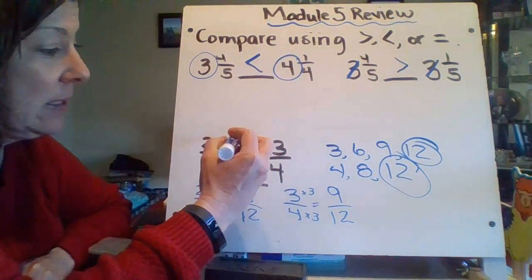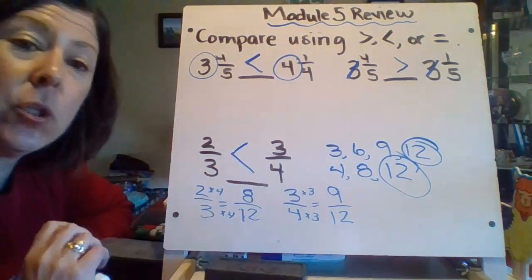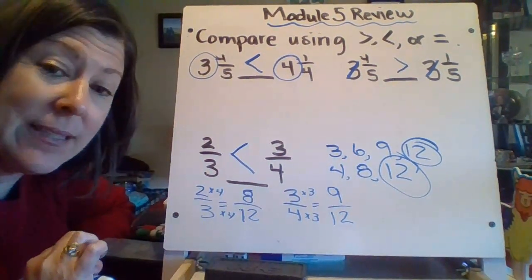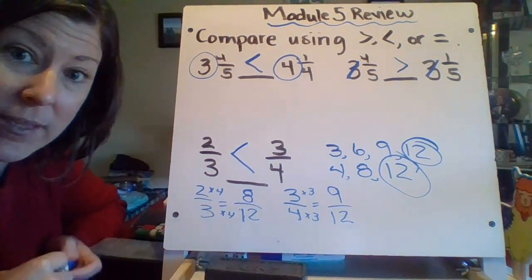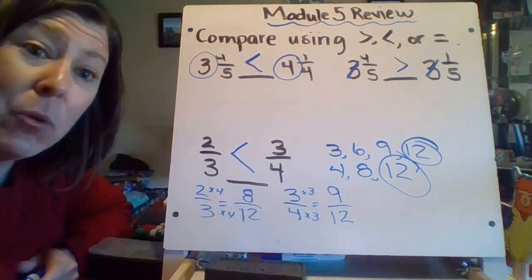So that means 2/3 is less than 3/4. Moving right along.